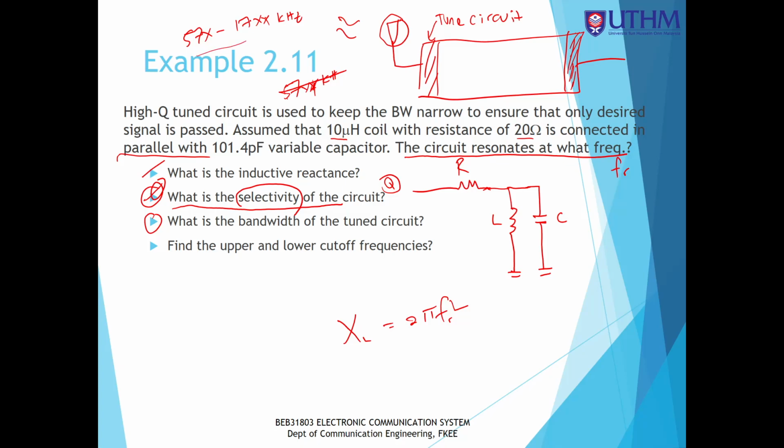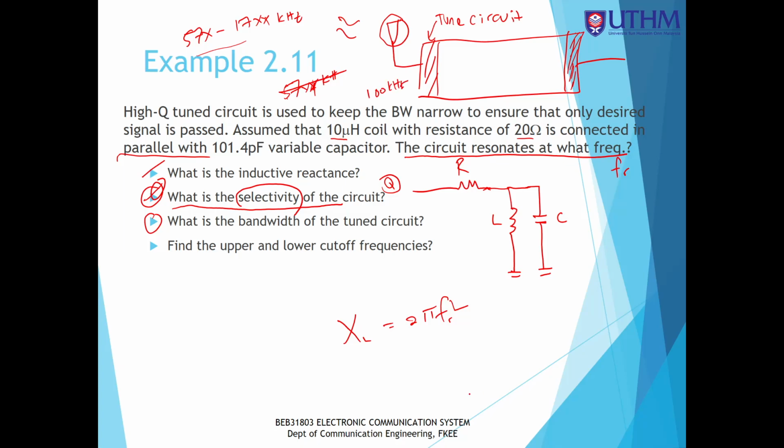This is more than 1 megahertz of total bandwidth of the AM. You receive all of it, but the tuned circuit will limit the amount of bandwidth that we want to process, for example up to 100K only.